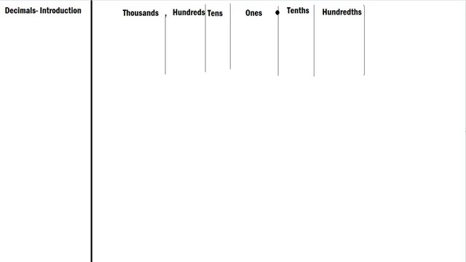Now, I'm going to make these small. If I take a number, say 1, and I put it in the ones place, that would just be 1. If I take that same number and put it in the tens place, to make it 10, I put a 0 in the ones place.